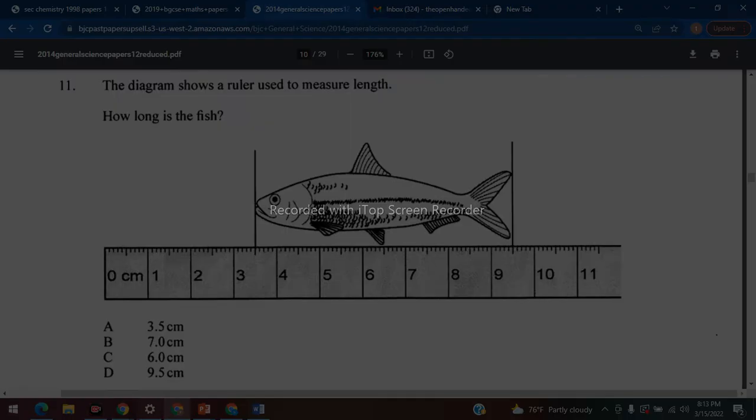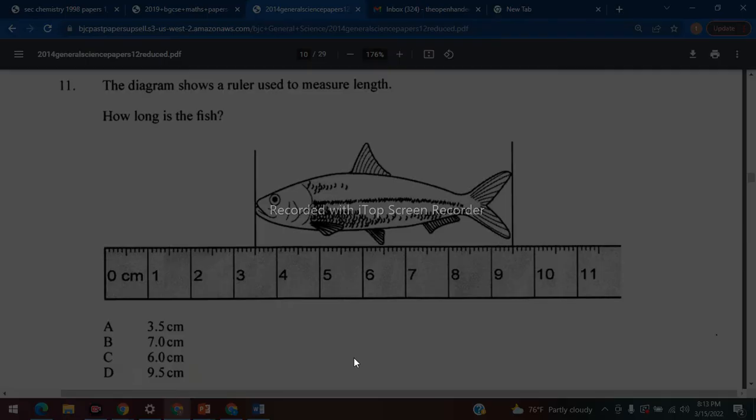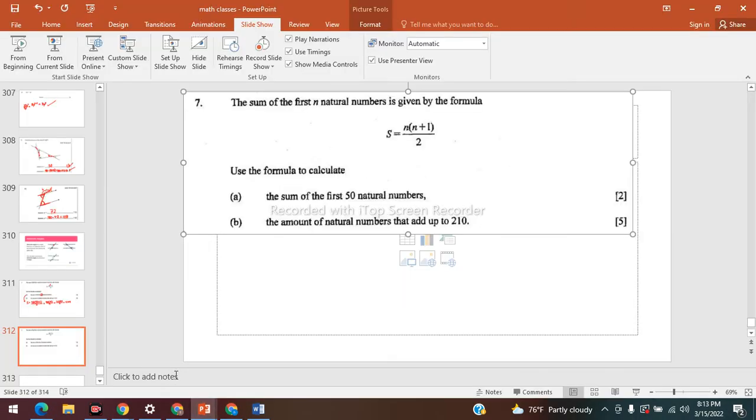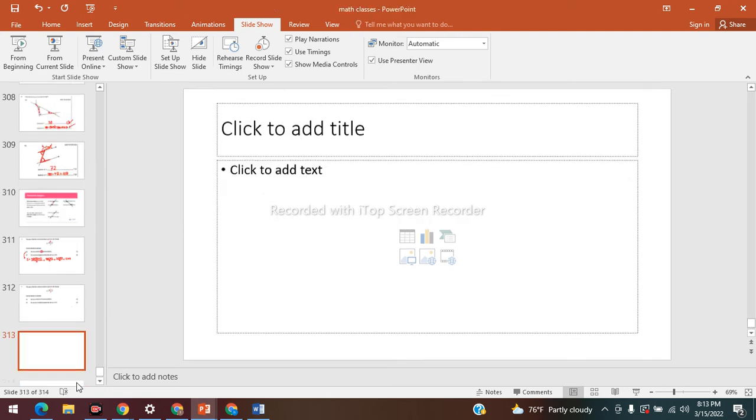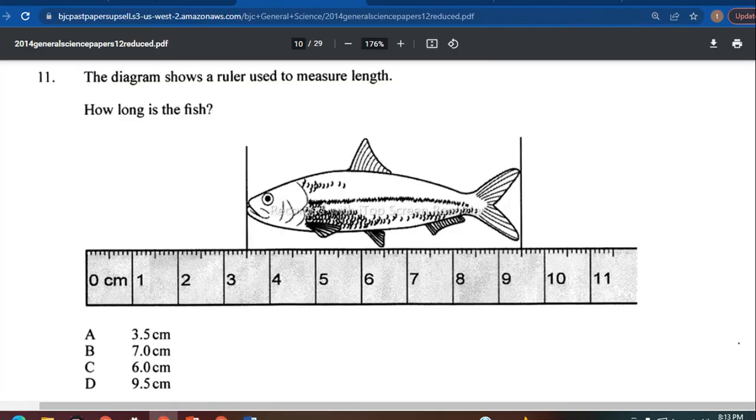You had to take away 3.5, because this is 3.5, and this right here is 9.5.